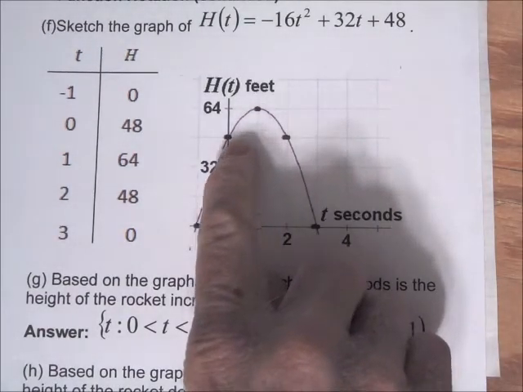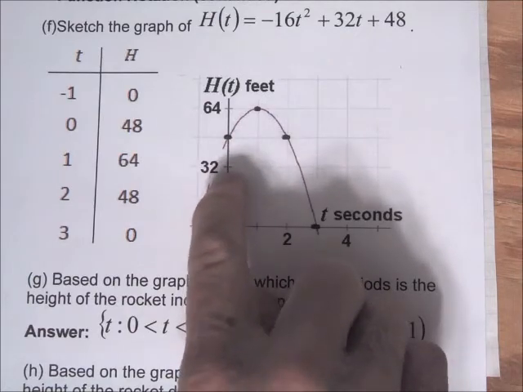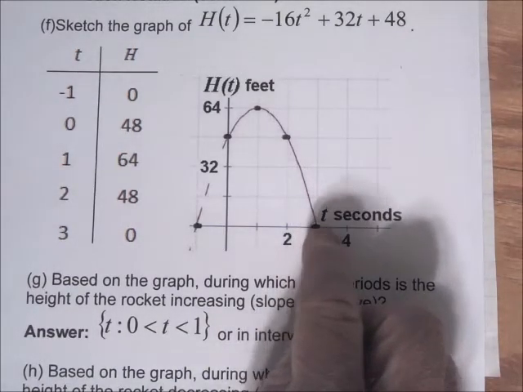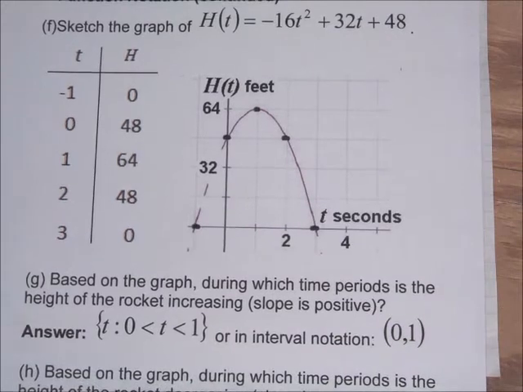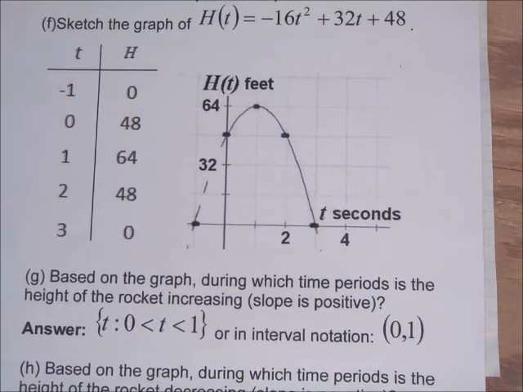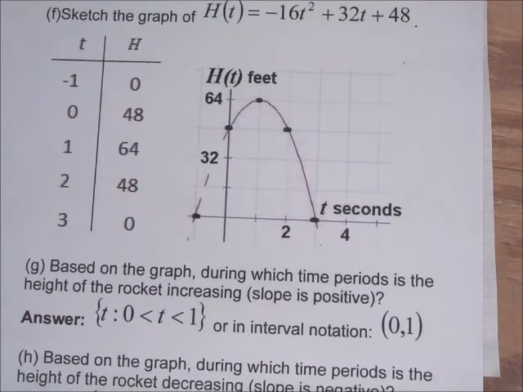Before time 0, I put the graph with a dotted line to indicate that that's not actually in the domain. The formula really only applies once the fuel runs out, and when it hits the ground, the formula no longer applies either.